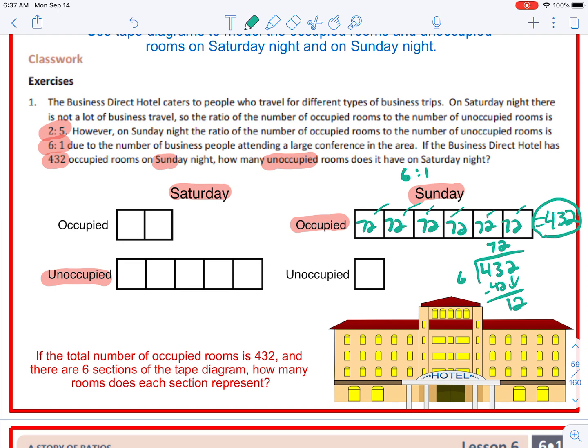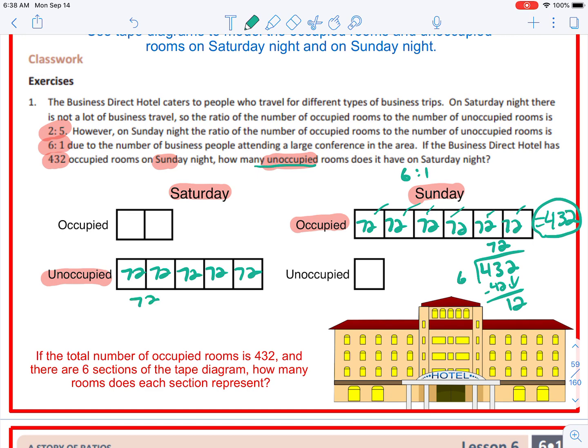So now, how many unoccupied rooms does it have on Saturday night? Now we have to put in 72 in each of these units on Saturday for unoccupied, and then we just have to add these up or multiply.